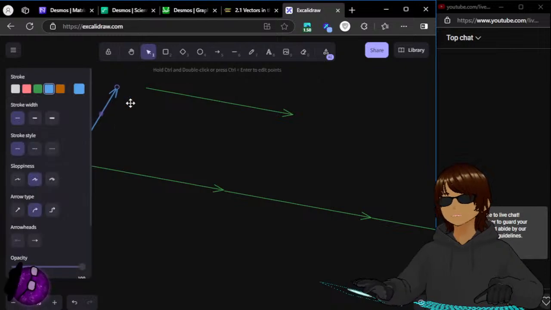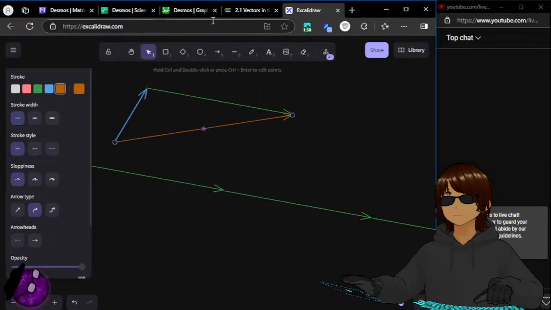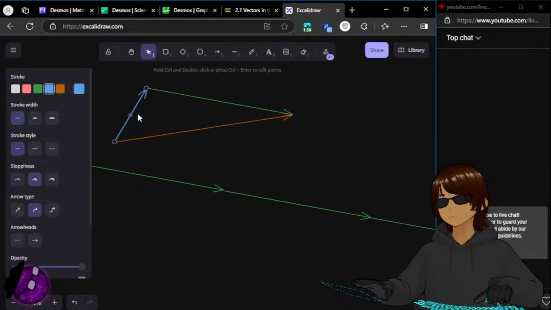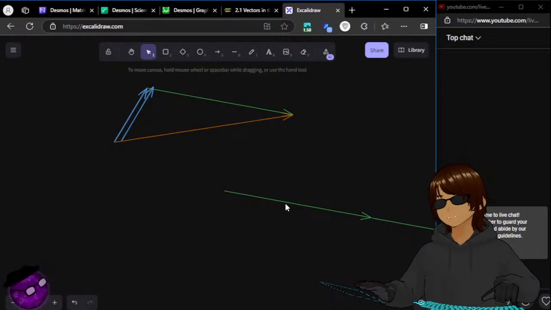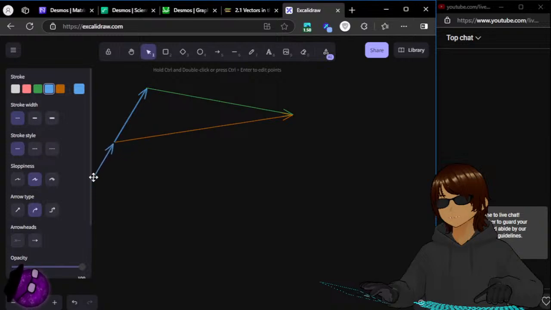So we have v. This is v, the green one is w, so this is v plus w, and then 2v minus w, and then 2v. Let's put this here.